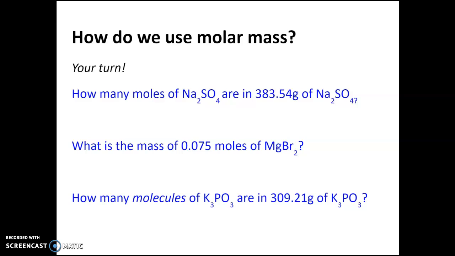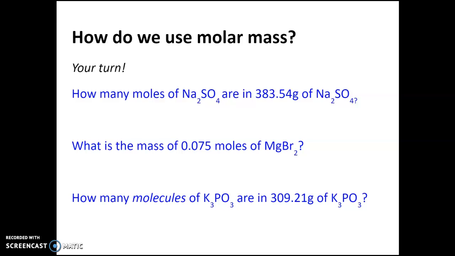Okay, now it's your turn. 3 practice problems going from moles to grams, grams to moles, and from grams to molecules.